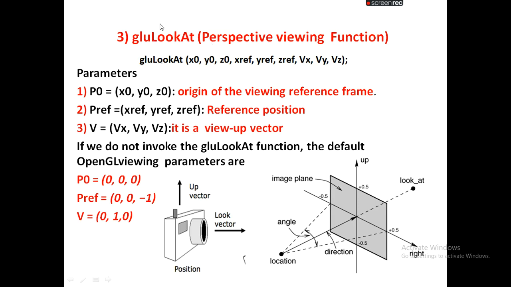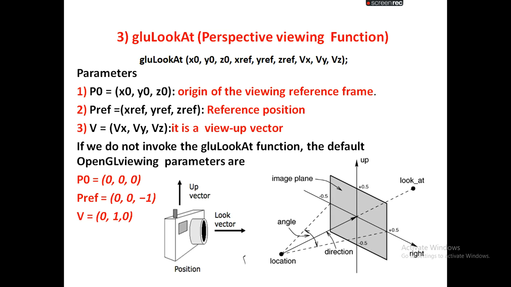If you want to execute gluLookAt, you write gluLookAt(0, 0, 0, P reference value 0, 0, -1, VUP vector value 0, 1, 0). So gluLookAt takes 9 parameters and it projects a three-dimensional object in space onto the two-dimensional display device.